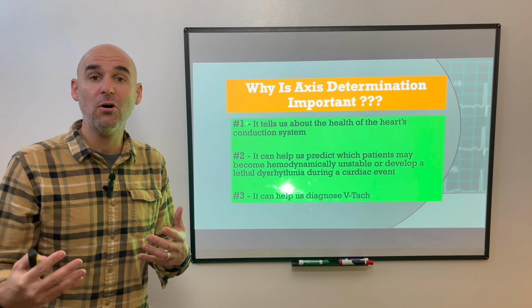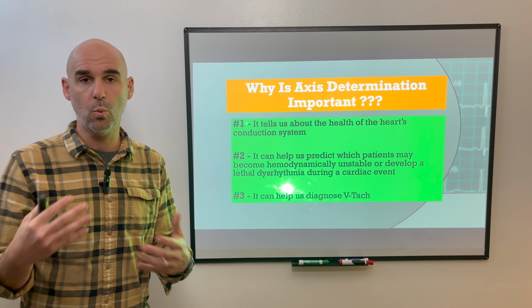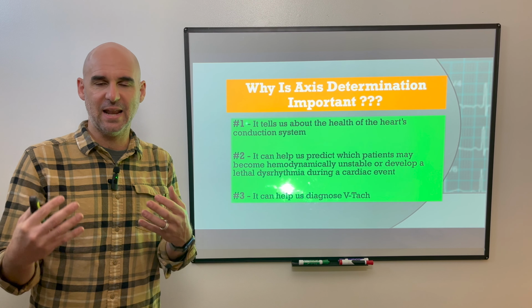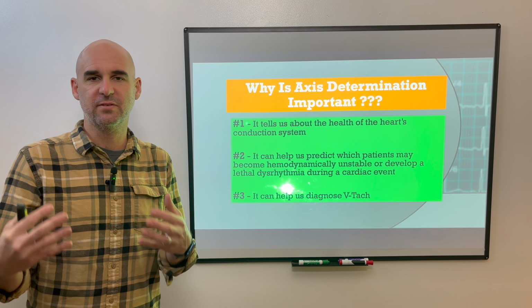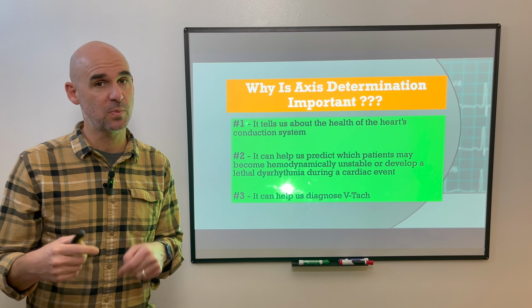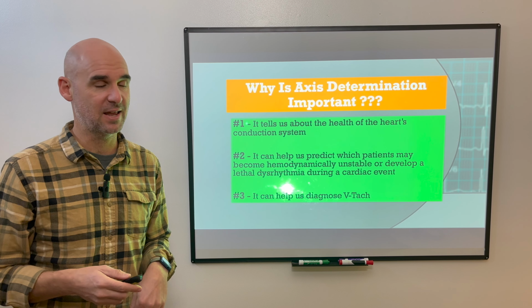Furthermore, it's also going to help you when you're making decisions on what exactly is going on in this 12 lead. By knowing your axis, it can help you in ruling things in and ruling things out. All right, it just takes a little bit of practice, but I promise you can get good at it with just that little bit of practice and dedication.